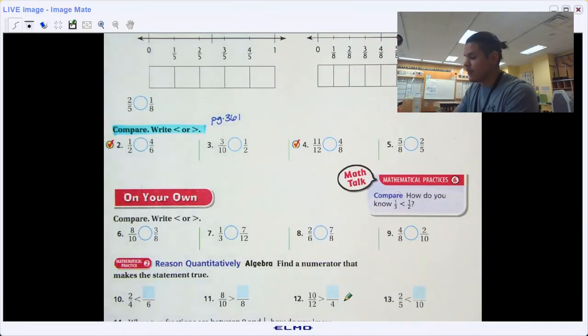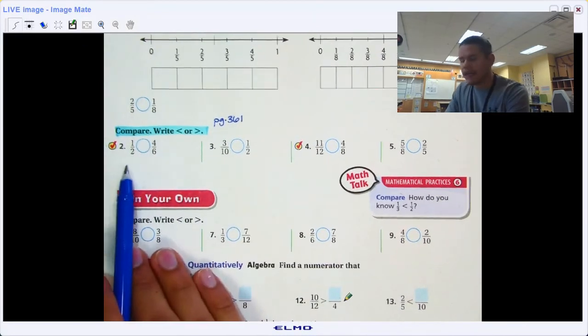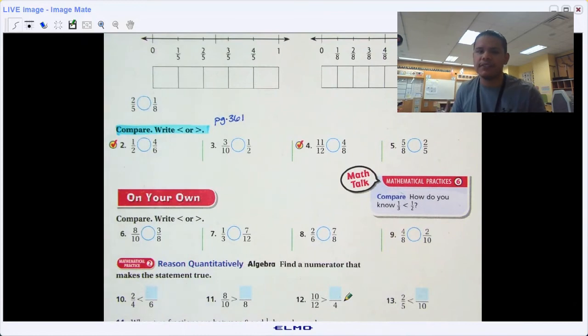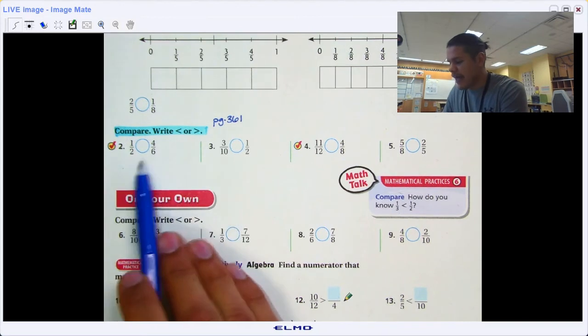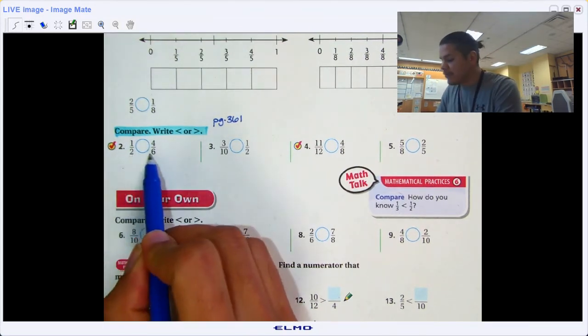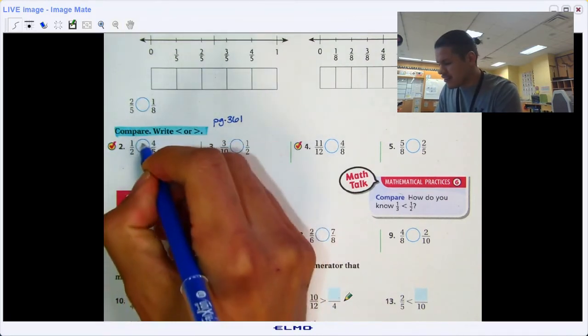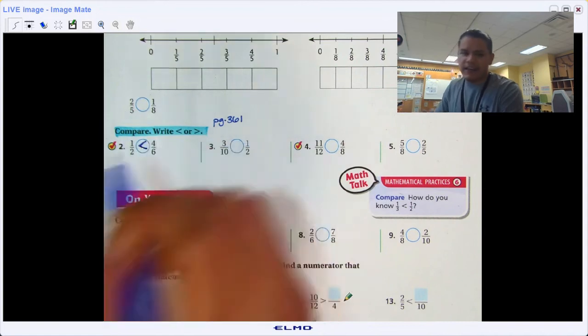All right, once again, we are on page 361, and I'm going to take a look at number 2. Now, the whole point of benchmark fractions is so that you are able to quickly compare and maybe even use some mental math to compare, creating some visual models in your head. So 1/2 and 4/6. Well, I'm going to use this as a benchmark, and I know that 4/6 is more than 3/6, so it is greater than 1/2.